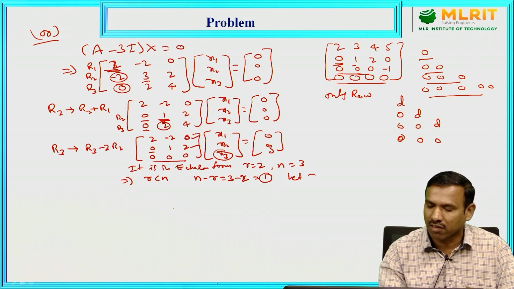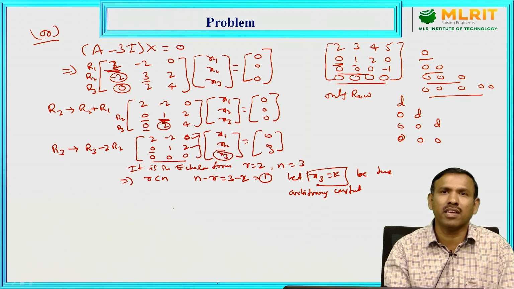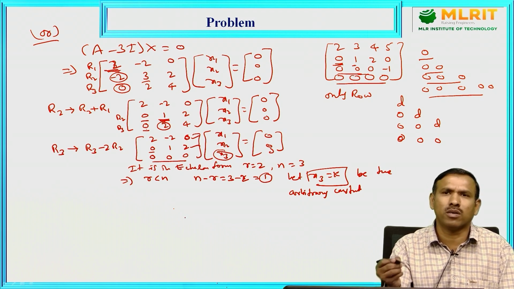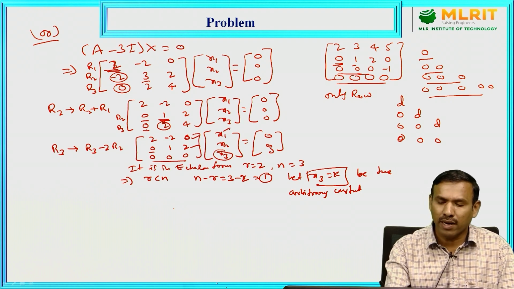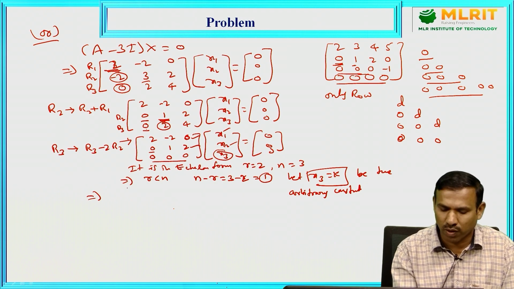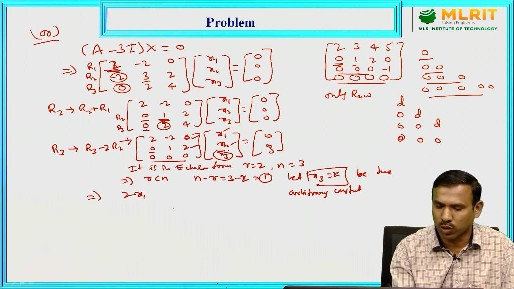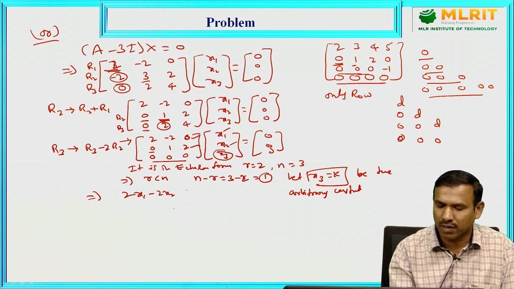Let x3 is equal to k be the arbitrary constant. Arbitrary constant means we are fixing x3 as some k. k can take any arbitrary value: 1, 2, 3, minus 1, 0. So we need to find x1 and x2. Multiplying the first row: 2x1 minus 2x2 plus 0 into x3, equal to 0.